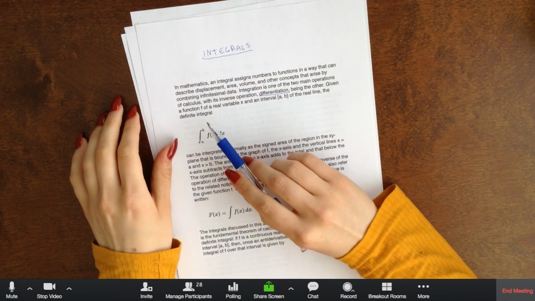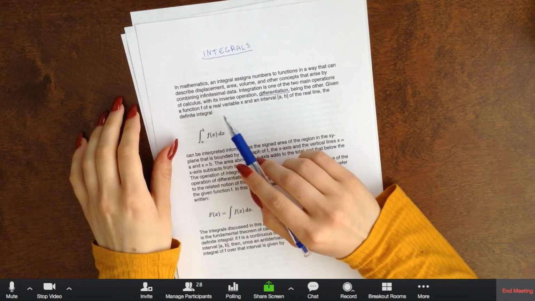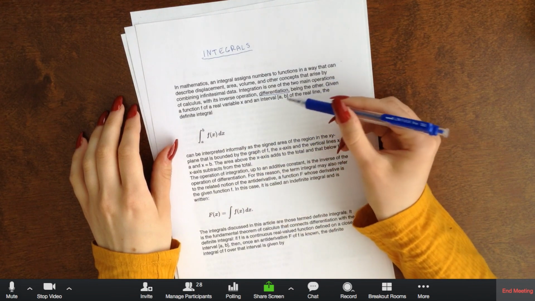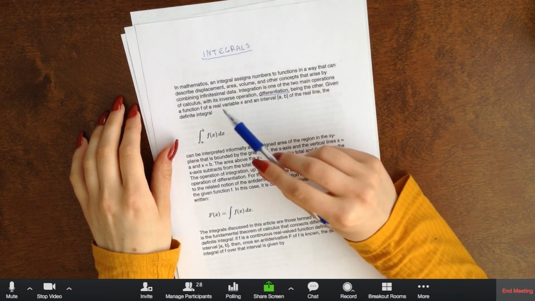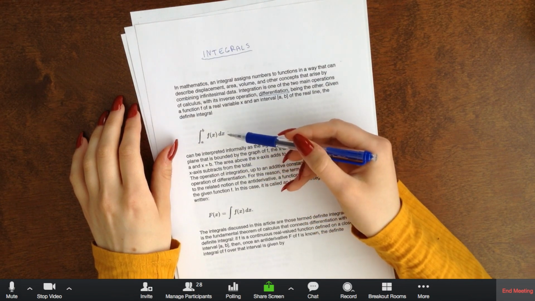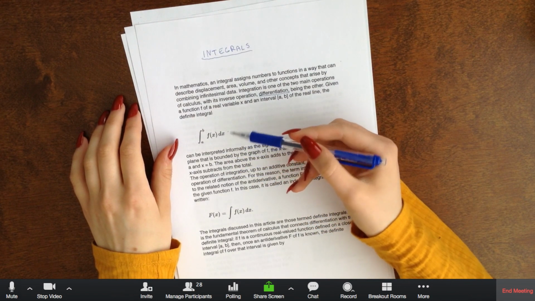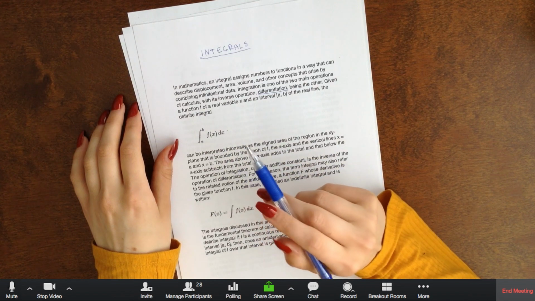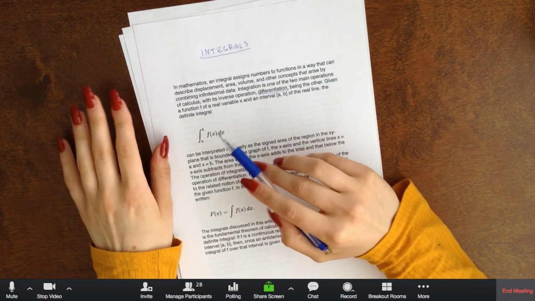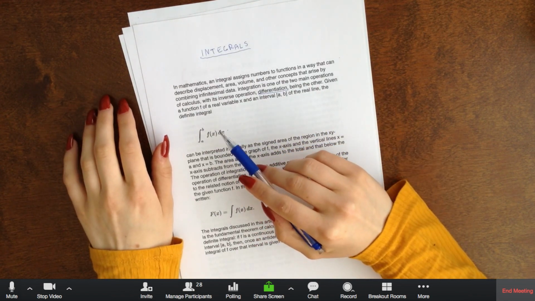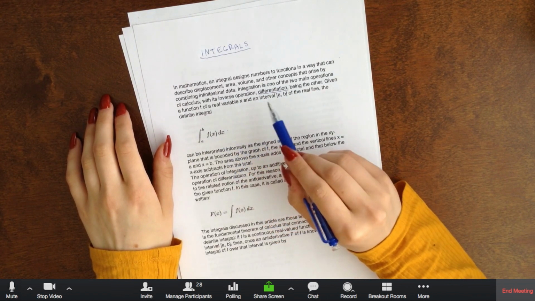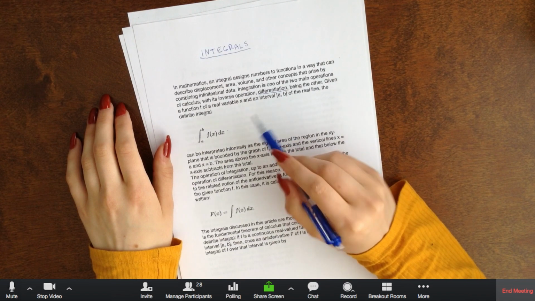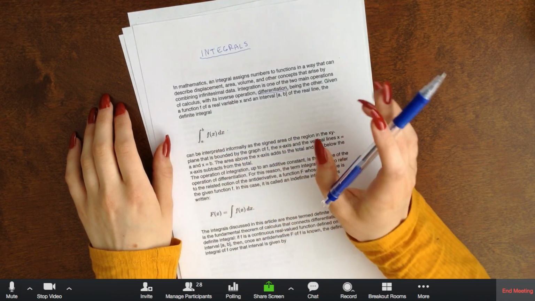Given a function f of a real variable x and an interval a to b of the real line, the definite integral is pictured here. You're welcome to copy this into your notebooks if you're taking notes. So, what we have here is the function f, the variable x, and a closed interval from a to b.